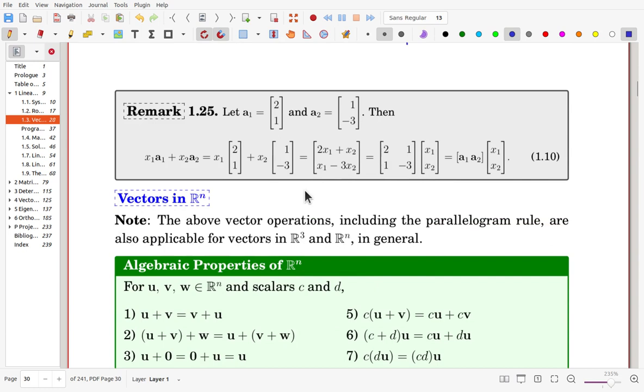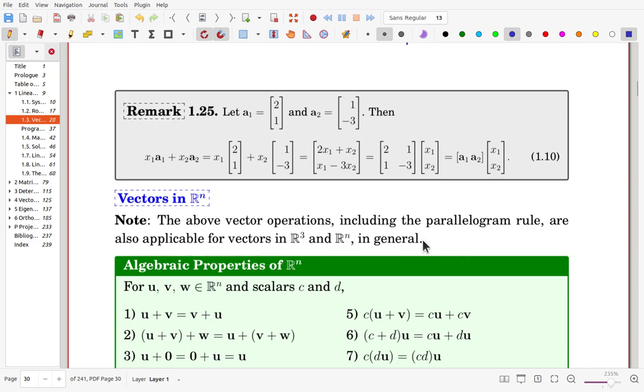Now we considered so far vectors in R2, but the above vector operations, including the parallelogram rule, are also applicable for vectors in R3 and Rn in general.